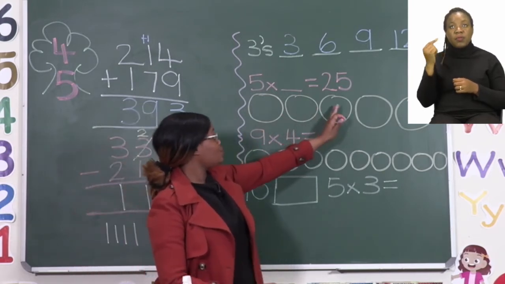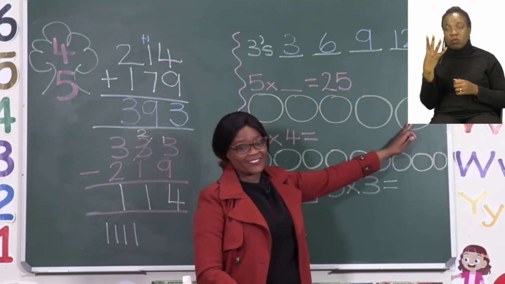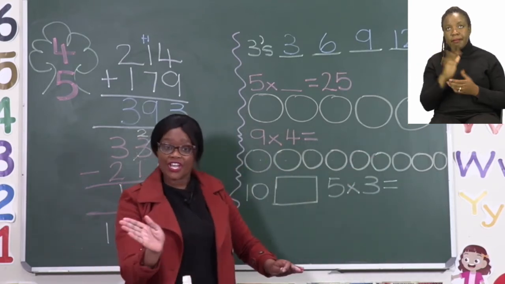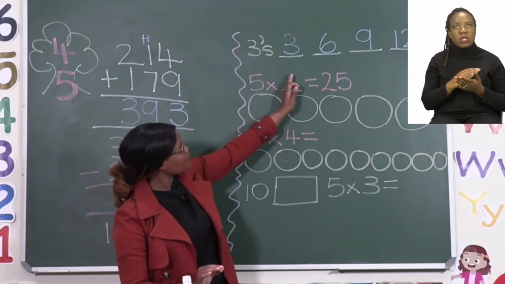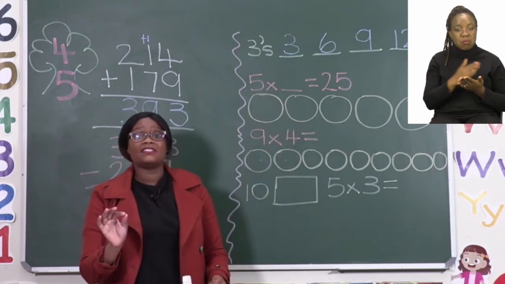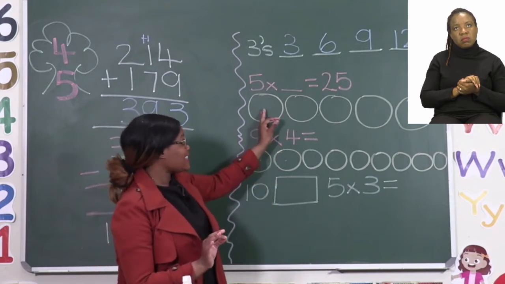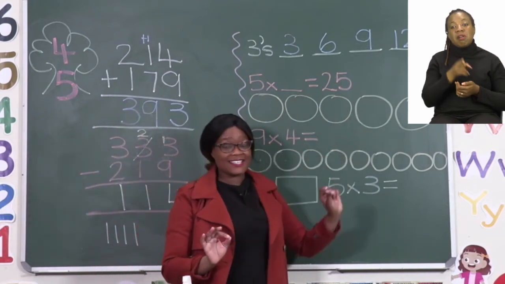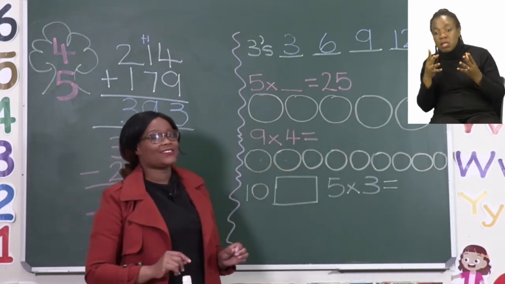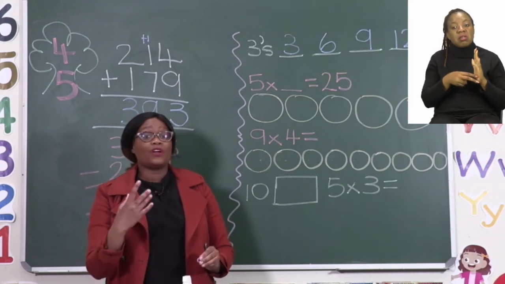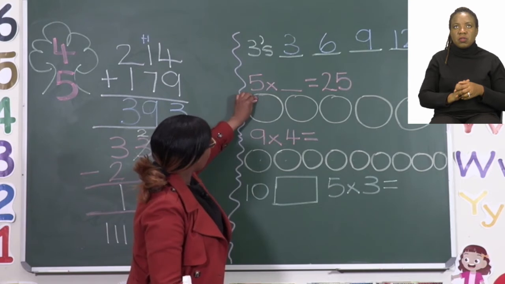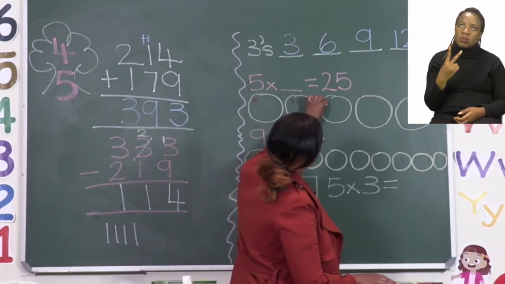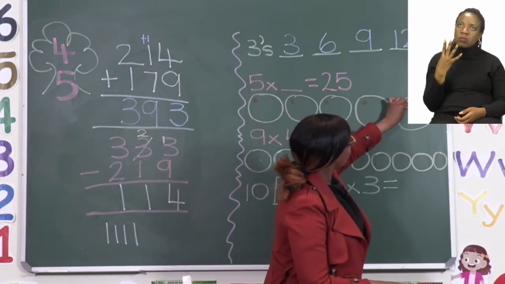1, 2, 3, 4, 5. Now I'm going to share equally so that I can find out what is supposed to be on our dash. Whatever the answer is in each of our sets, that means it's the answer for the dash. So we're going to first share equally. 1, 2, 3, 4, 5.